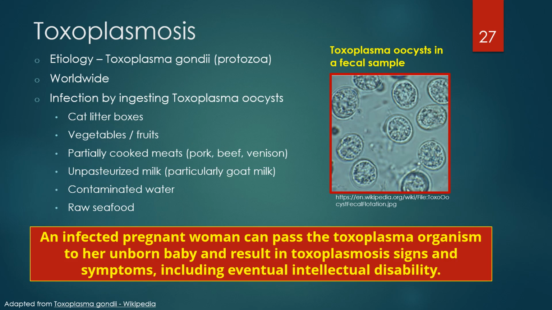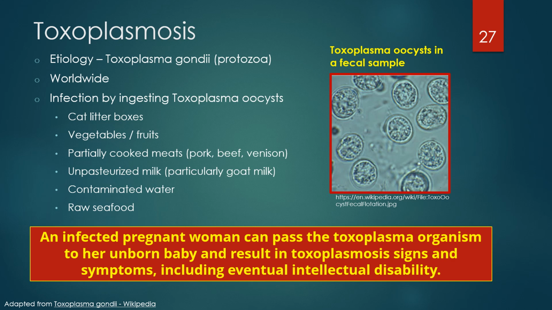Toxoplasmosis is a disease caused by a protozoan parasite called Toxoplasma gondii and can infect animals including cats and humans. It is found worldwide. Pregnant women can get infected by ingesting the parasite after cleaning cat litter boxes, eating contaminated vegetables and fruits, partially cooked meats, pork, beef, venison, drinking unpasteurized milk, particularly goat milk, contaminated water, and eating raw seafood.